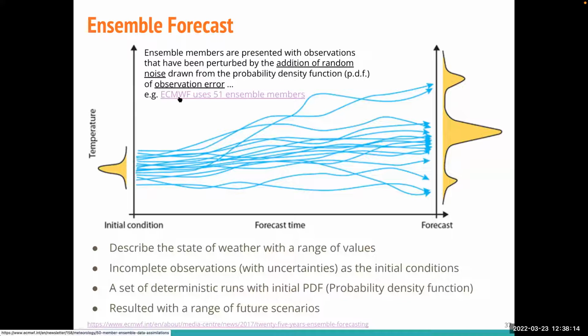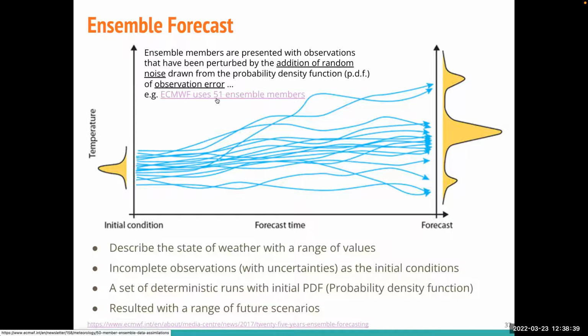So the example here is the European, they use 51 ensemble members. Why is it 51? The one is the one with the best guess, best analysis, best initial guess. And the other 50 is just for comparison, right? Of course what they give you is the ensemble average.